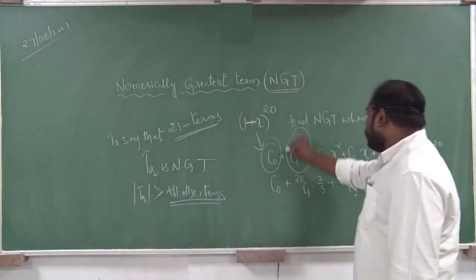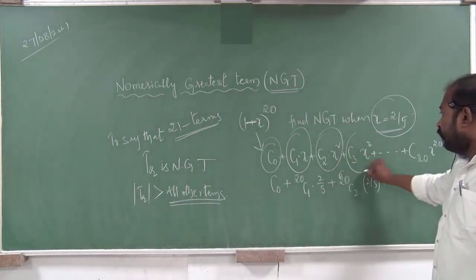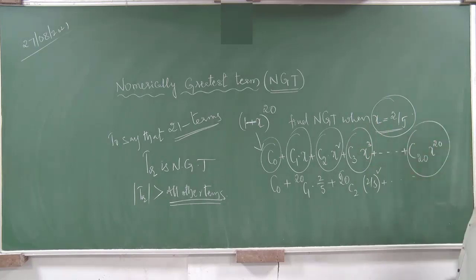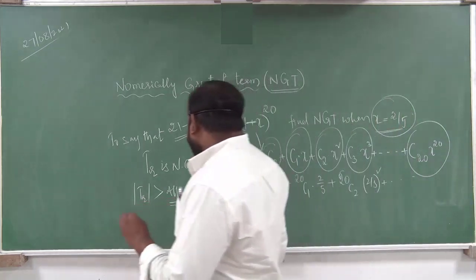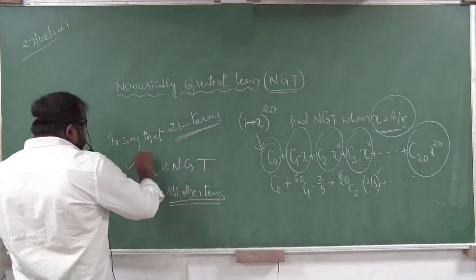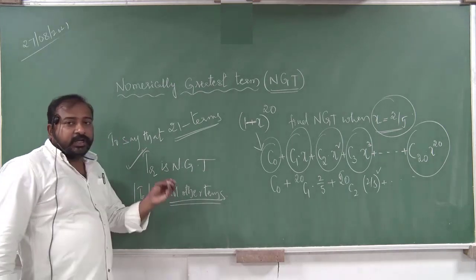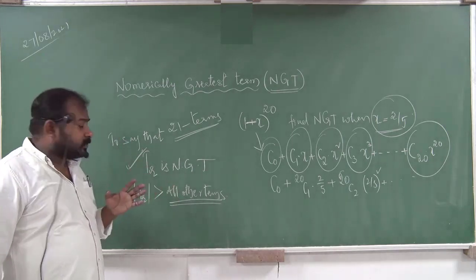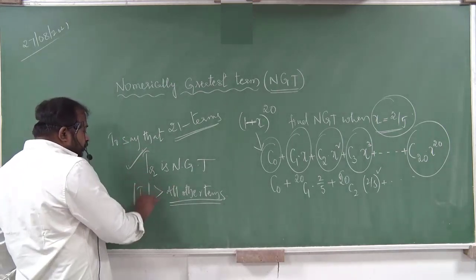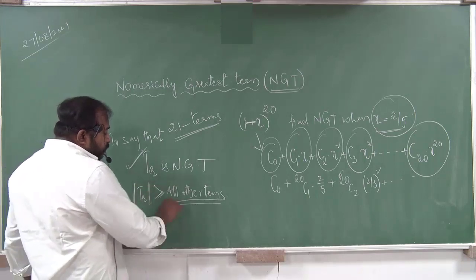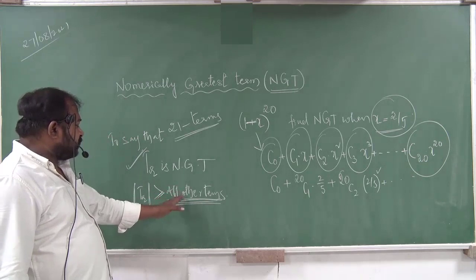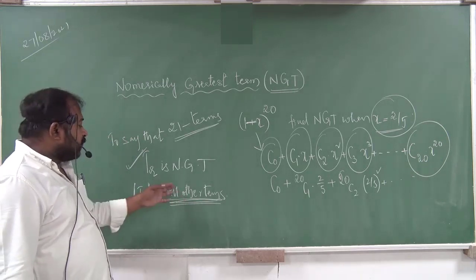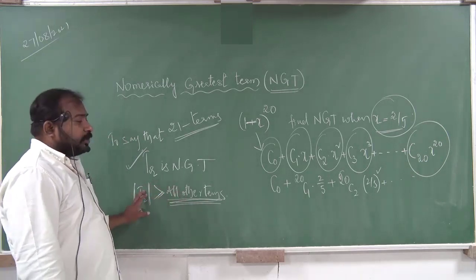So this is the first term, this is the second term, this is the third term, fourth term, up to the 21st term. Out of all these 21 terms, to say that the rth term is the numerically greatest term, the modulus of the Tr value is always greater than the rest of all the terms. You can compare with the first term, this is greatest. Then compare with the second term, this is also greatest.